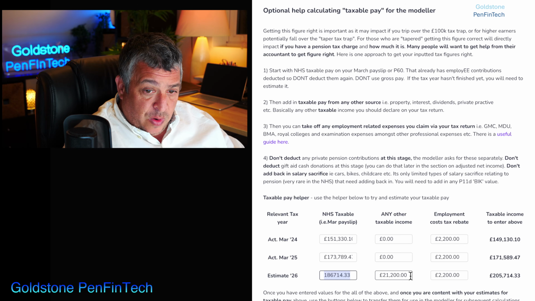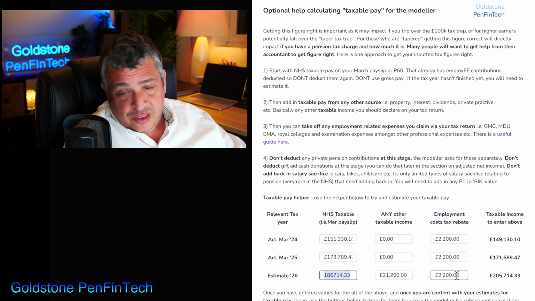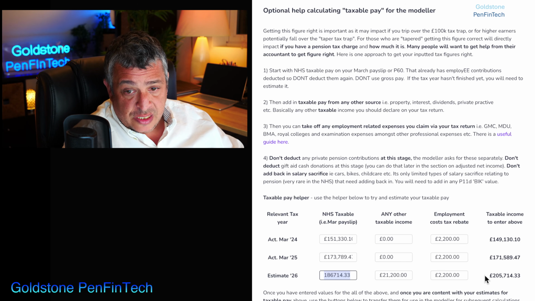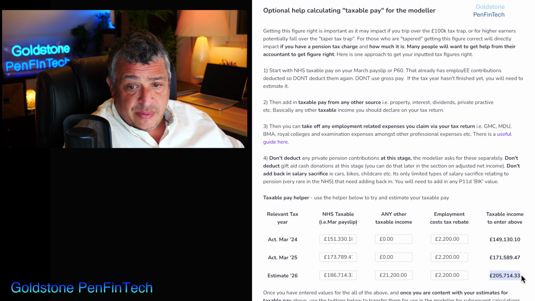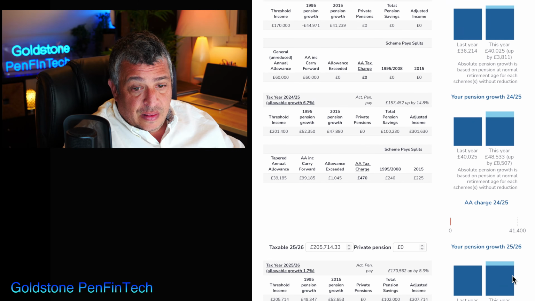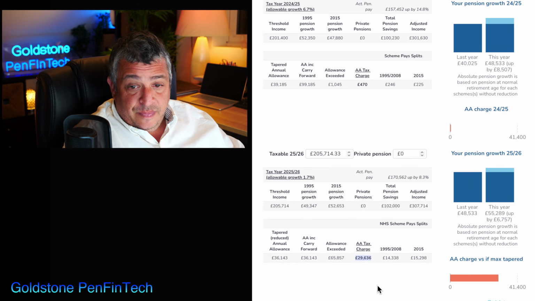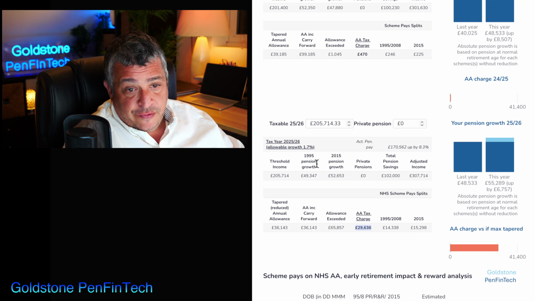We had that 21,200 extra income, and then we've got the employment rebates back for GMC, MDU, etc. colleges, and that made our taxable income 205,714. And then you'll remember that we had this very large tax charge of 29,636, but all of this is now being worked out for you.